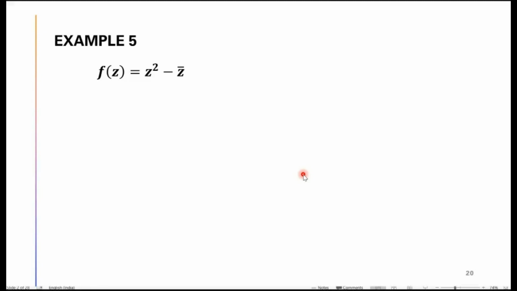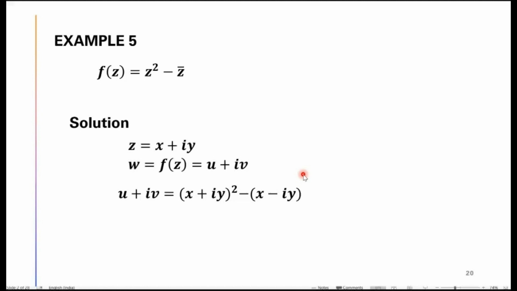What will be the answer? Putting z is equal to x plus iy, and f of z is equal to u plus iv. Expand x plus iy the whole square.